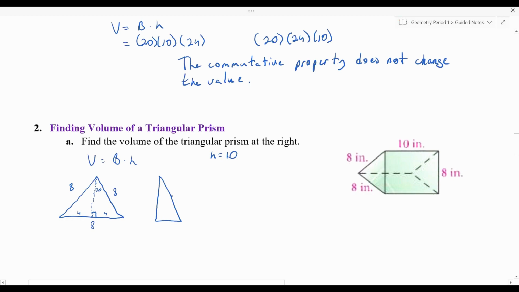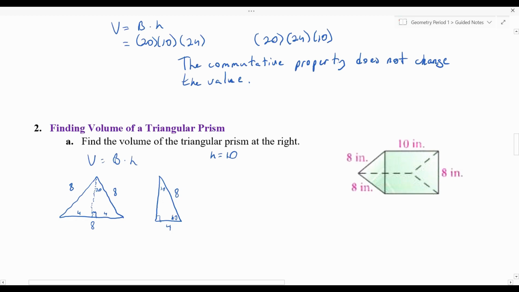All right. So this side here is 8. This guy here is 4. Now I could use the Pythagorean theorem, but I know that this is a 30, 60, 90 triangle. So this guy is 60. We said this guy is 30, and we have 90 over here.